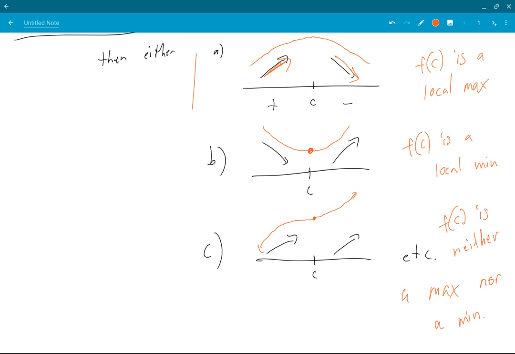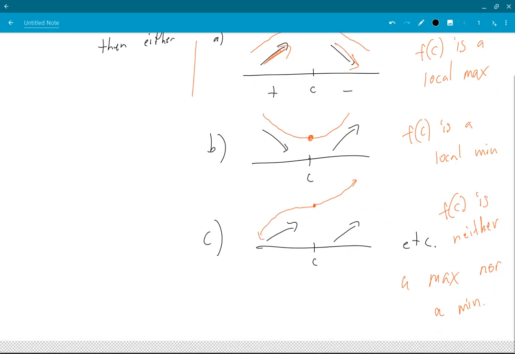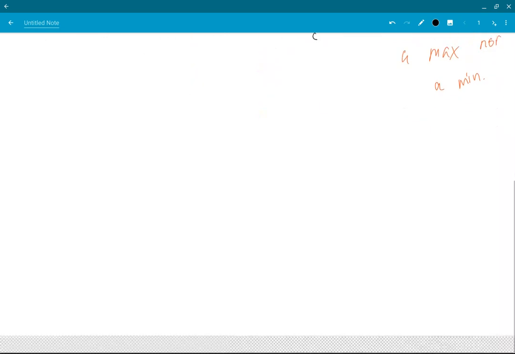Okay, so that's what's called the first derivative test. Sensible. So we can use that and just that to do some sketching. It's kind of our first new tool here in calculus. So example, find the relative extrema.